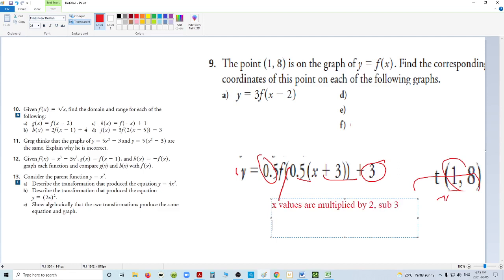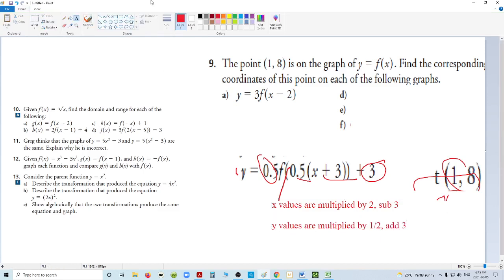And my y values, they gave the same things to confuse you, are multiplied by 1/2, and then add 3. So they tried to make you confused with this one. So if I take my x and multiply it by 2, I get 2, and then subtract 3, I get -1. And if I take my 8 and multiply it by 1/2, I get 4, and when I add 3, I get 7. So my new point is (-1, 7).